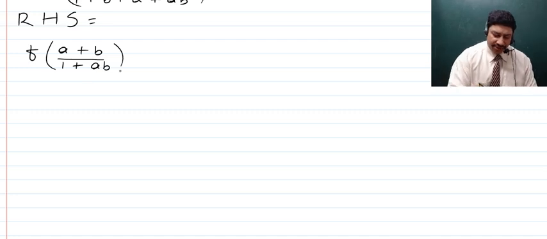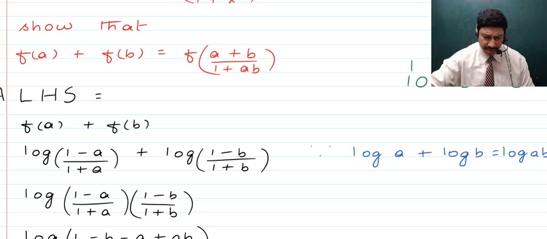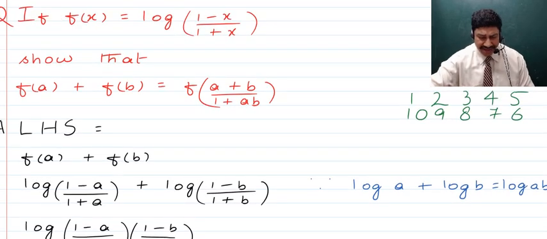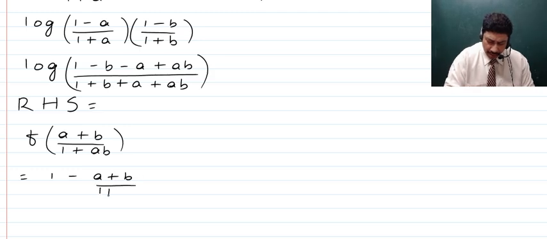Okay, so children, now here when we talk about f of a plus b upon 1 plus ab, remember it was f of x, which was 1 minus x upon 1 plus x. So this further is going to become 1 minus a plus b upon 1 plus ab. And rather we'll do one thing more. Here we have log of this also.